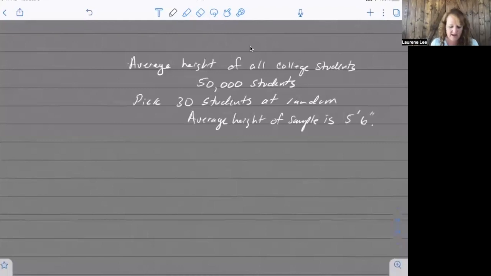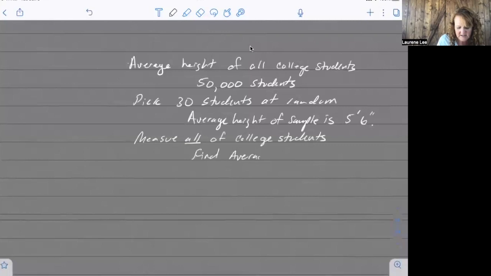So then after that, I go and I actually measure all of my college students, all 50,000 college students. And I find that the average height is 5 feet 4 inches. Okay, so that's my scenario.